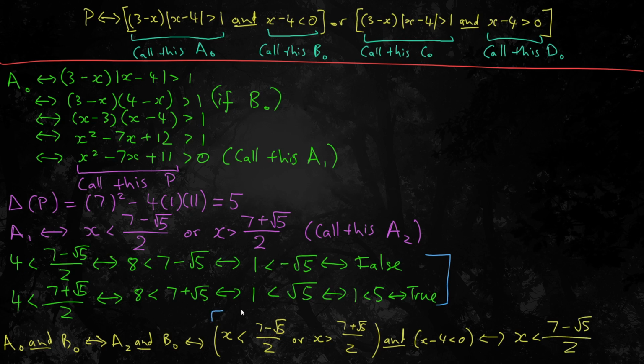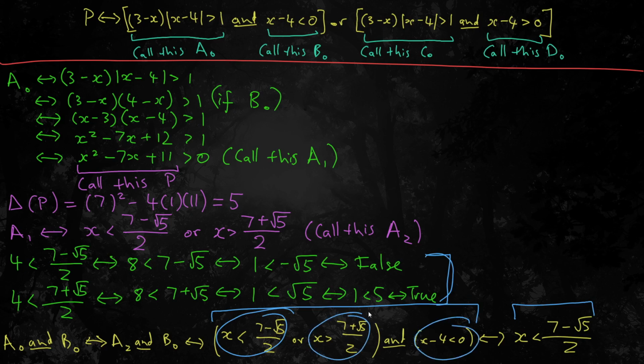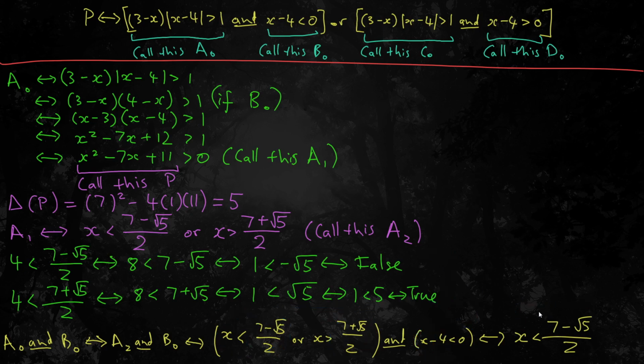So if you're a bit unsure about why this is equivalent to that, in light of these computations, try drawing this out. Just draw a copy of the real line and draw your 4 conditions. Keep in mind which numbers are bigger than which out of these 3 numbers based on these computations, and you'll see how we're able to conclude this.